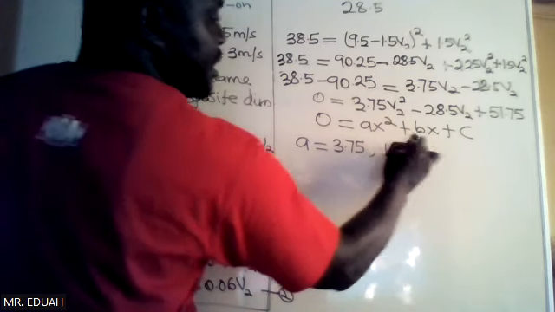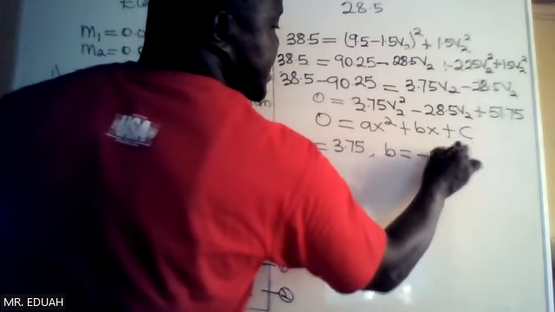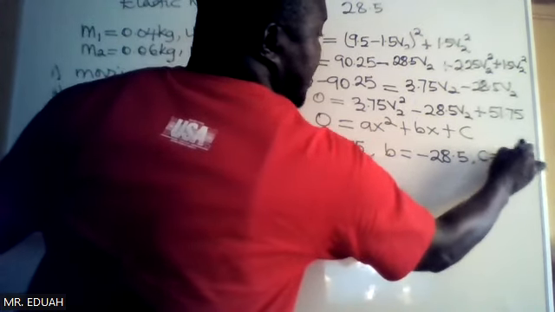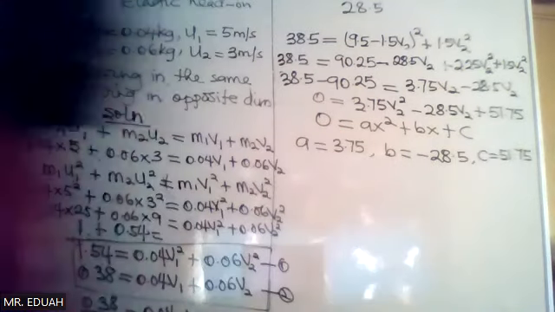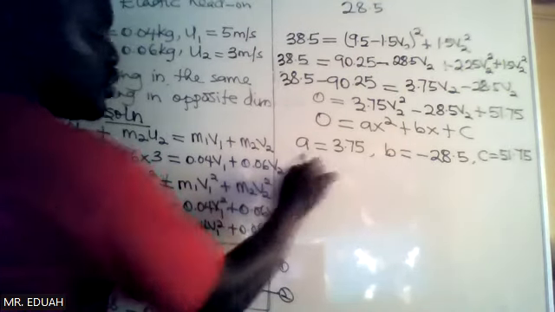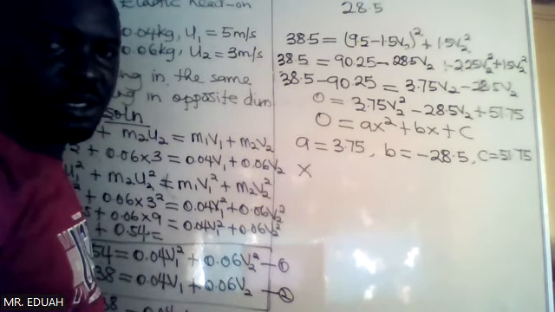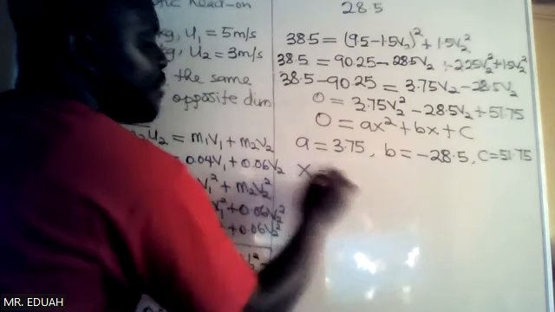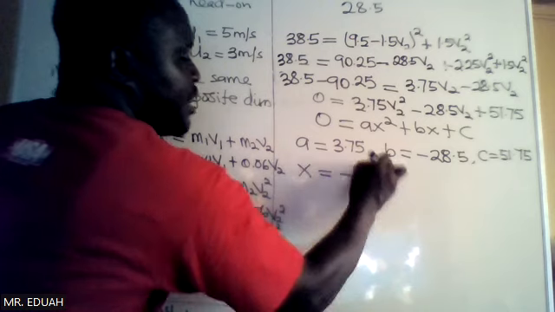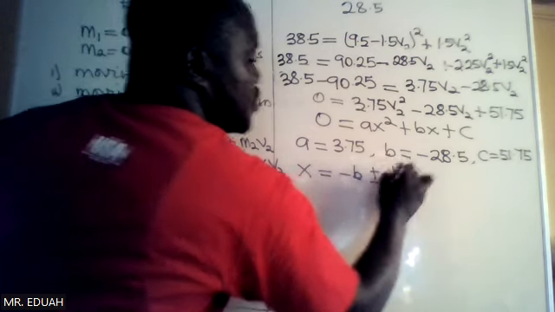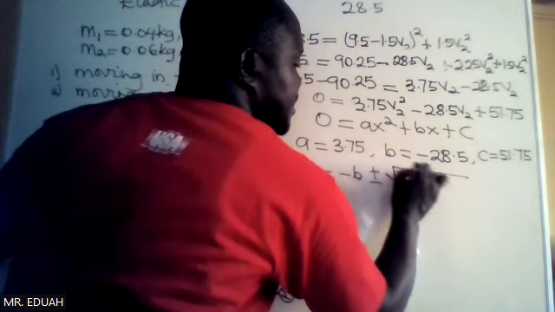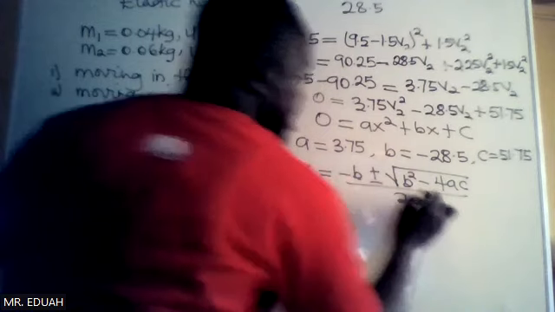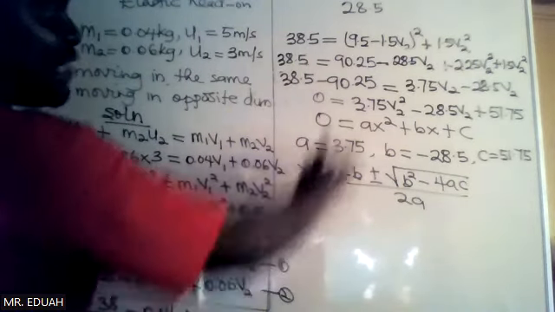Then b is equal to negative 28.5, and c is equal to 51.75. The formula is x is equal to negative b plus or minus root of b squared minus 4ac over 2a.